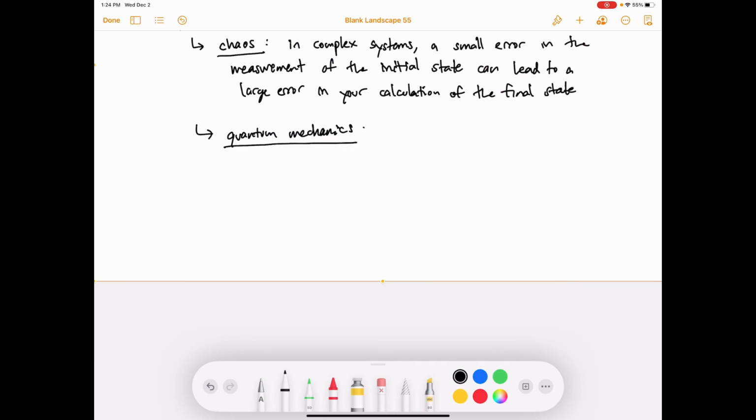So in the laws of physics that we've learned about up until this point, basically Newtonian physics, everything is perfectly deterministic, right? If you plug in an initial state, you're going to get some definite final state out of that calculation. But in quantum mechanics, particularly on the microscopic level, there just are some phenomena, some things that happen, that are inherently random.